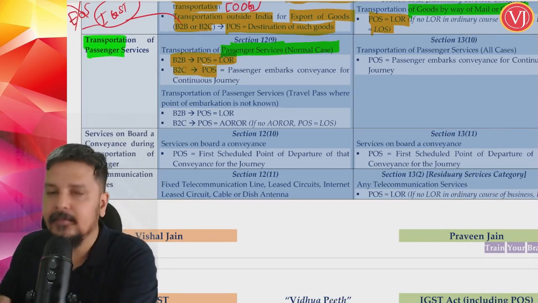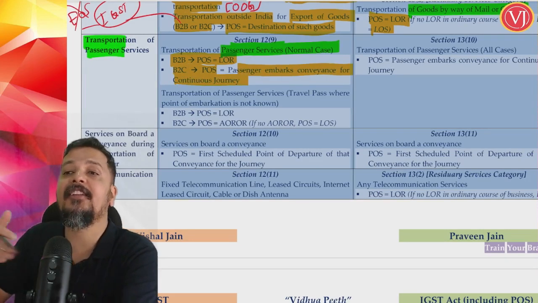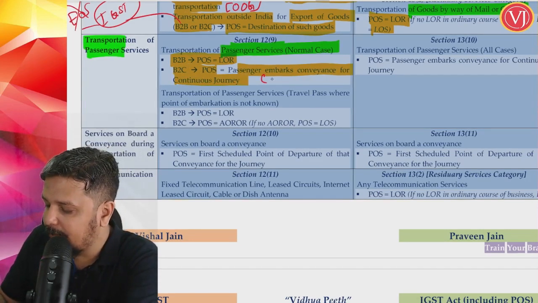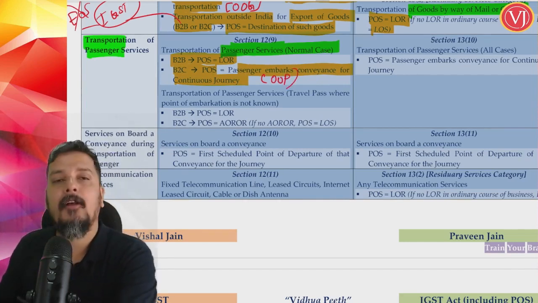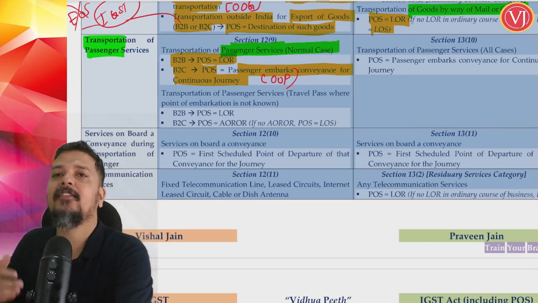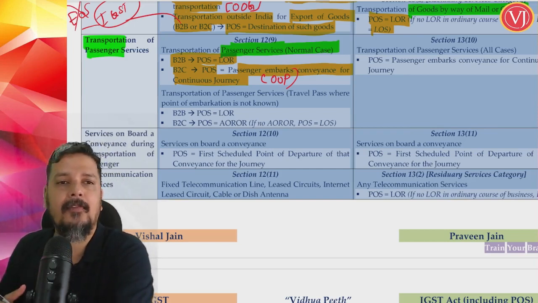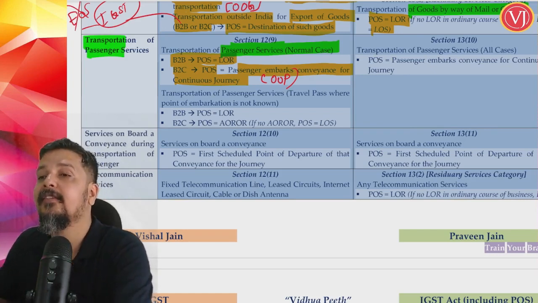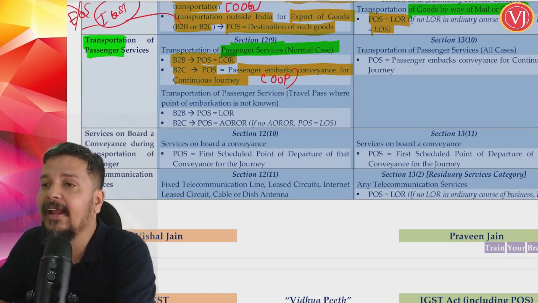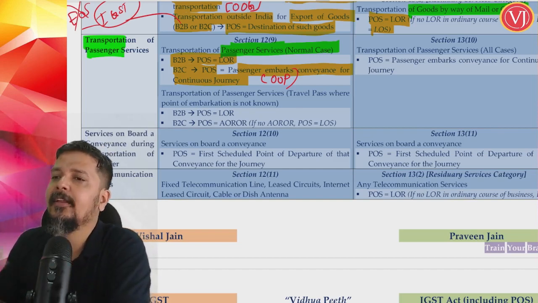B2C, it is the passenger embarking the conveyance, which means the origin of passenger. That is embarking the conveyance for a continuous journey. It does not mean that if the train is starting from, say, Kanyakumari and going to the last part of Kashmir, it is Kanyakumari. It is the location where the passenger enters that conveyance. He may have entered that conveyance at Bangalore.